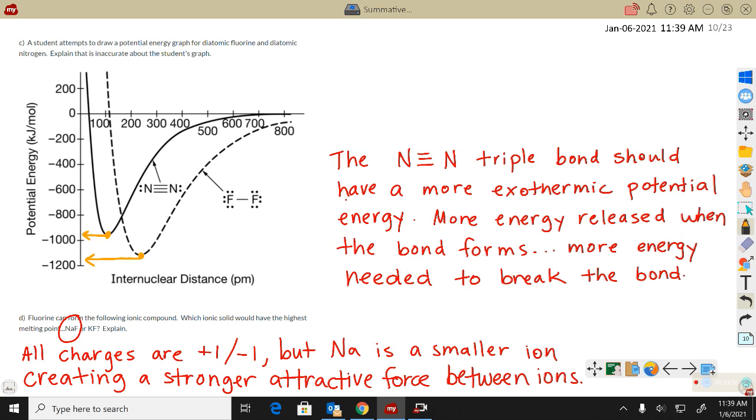And in reality, you could talk about the bond length a little bit, but the bond length is probably okay too, because again, a triple bond should be a shorter bond length than a single. And I get that nitrogen atoms are technically a little bit bigger than fluorine, but they're really close to each other on the periodic table.